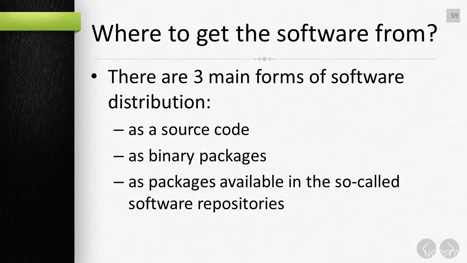The most popular form of distribution are software packages that can be retrieved from software repositories. We'll now briefly discuss all forms of distribution to get an idea of how they work. In your daily work, you'll usually use a third option, that is, software packages and software repositories. Alternatively, in rare cases, you may encounter binary packages.